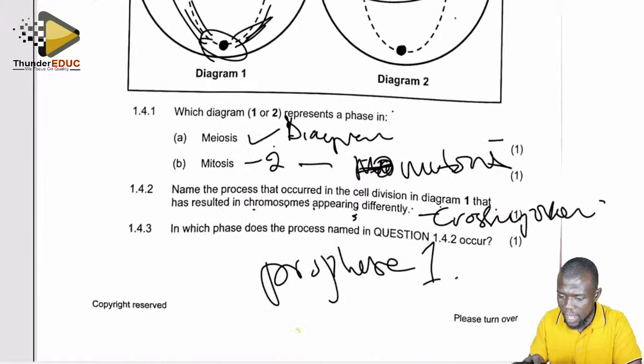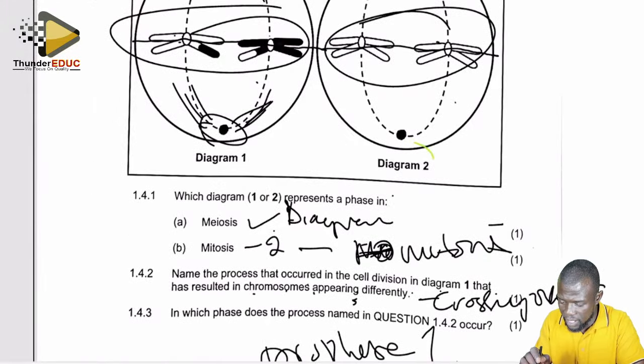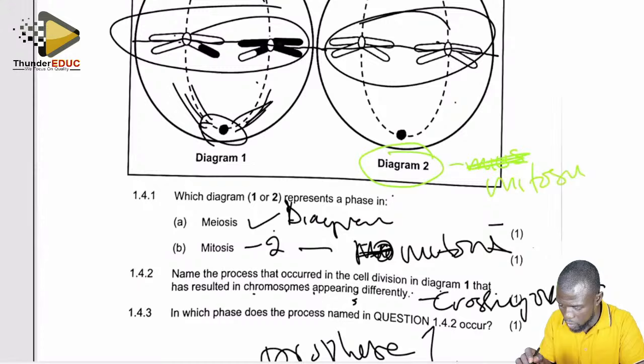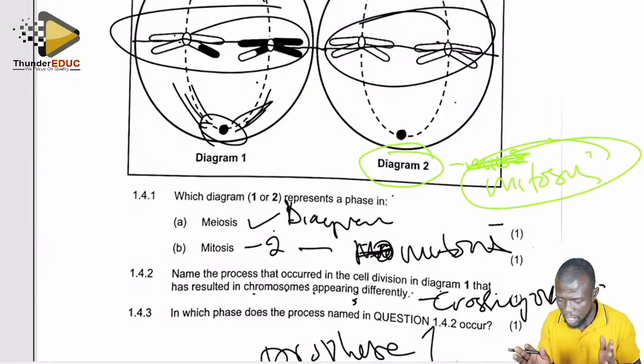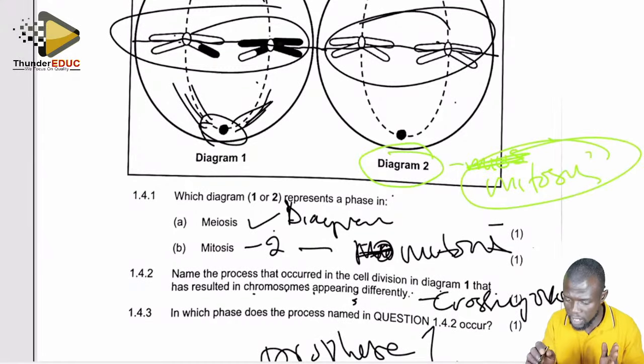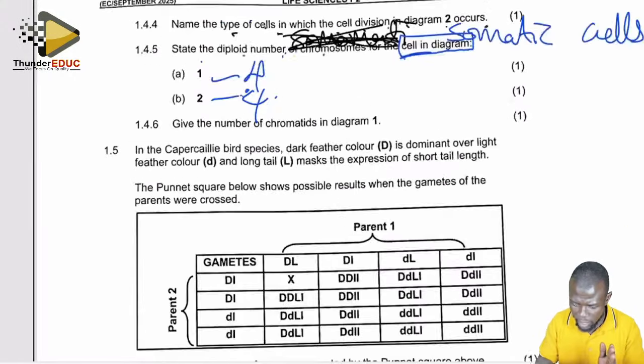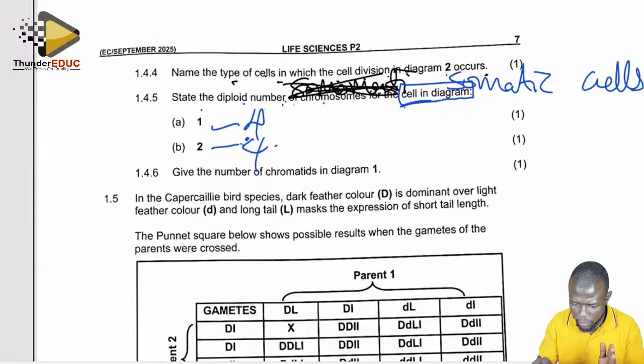Remember, if this is mitosis, let's analyze it like this. Mitosis doesn't change the number of chromosomes. So if it is 2, they're going to be 2 from the beginning until the end. If they're saying diploid number and here I'm seeing 2, it means that this is not 4. This is going to be 2.